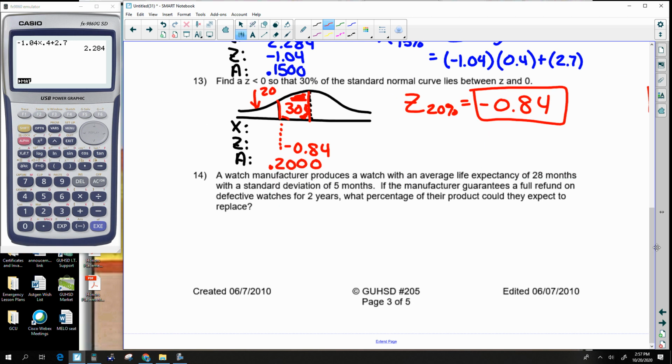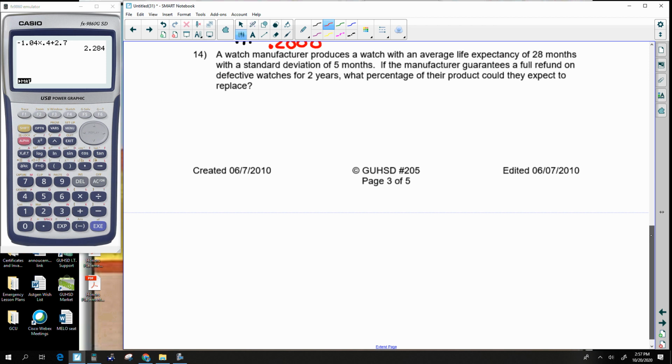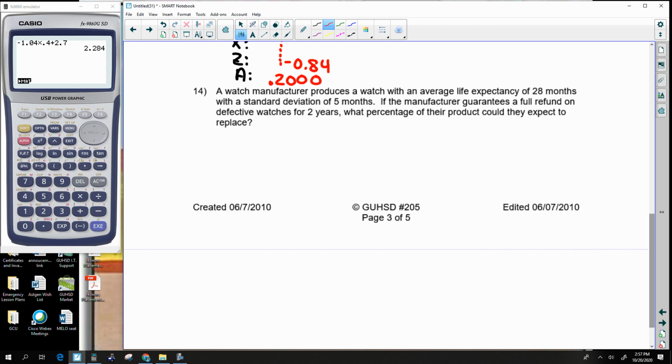All right. Now the last problem in this chunk is a problem in which you really have to pay attention to the labels of what your information is saying. Here it says an average is 28 months, standard deviation of 5 months, and we will replace watches up to 2 years. So there's the weirdo right there.